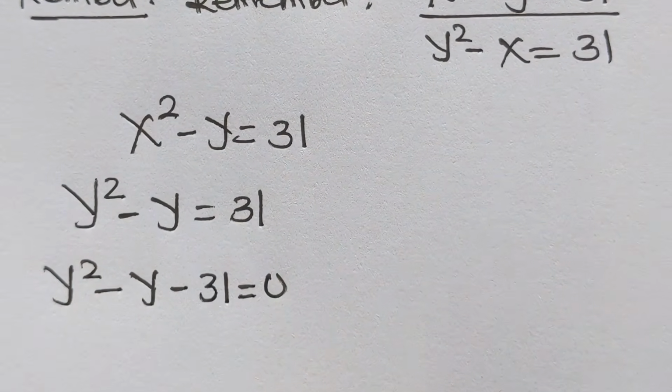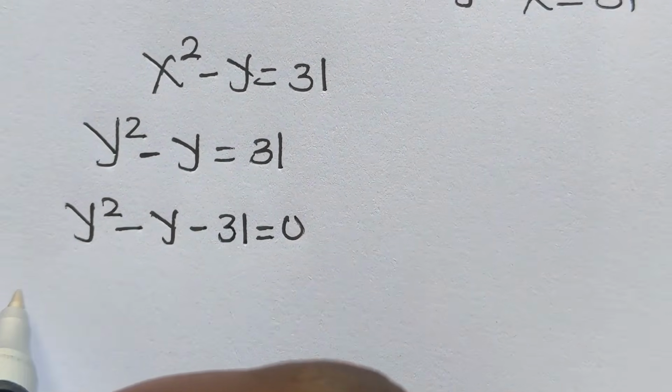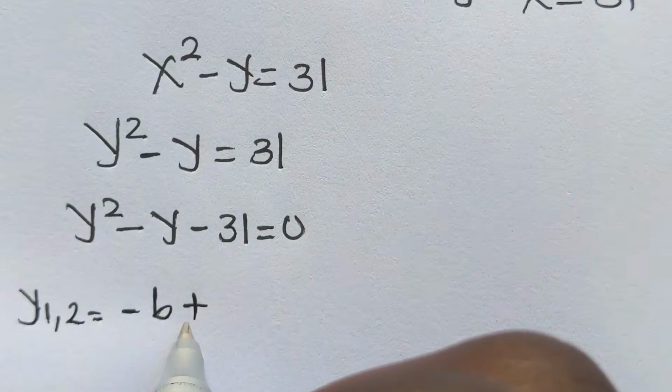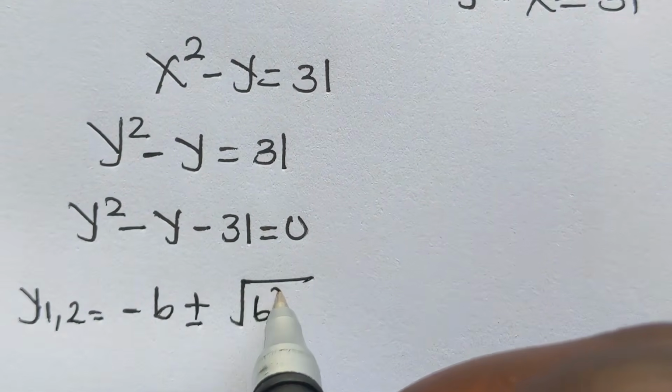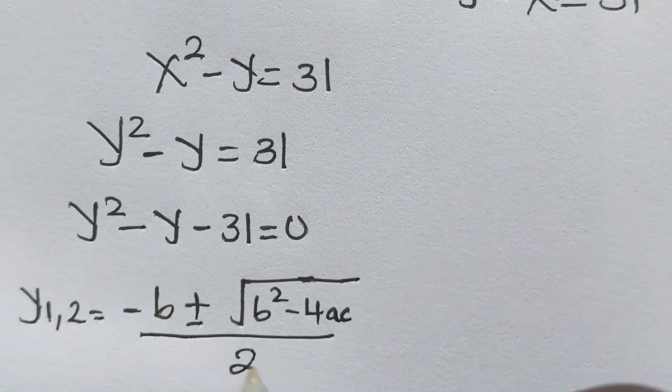This is a quadratic equation where we can find the values of y1 and y2, which is equal to negative b plus or minus square root of b squared minus 4ac over 2.